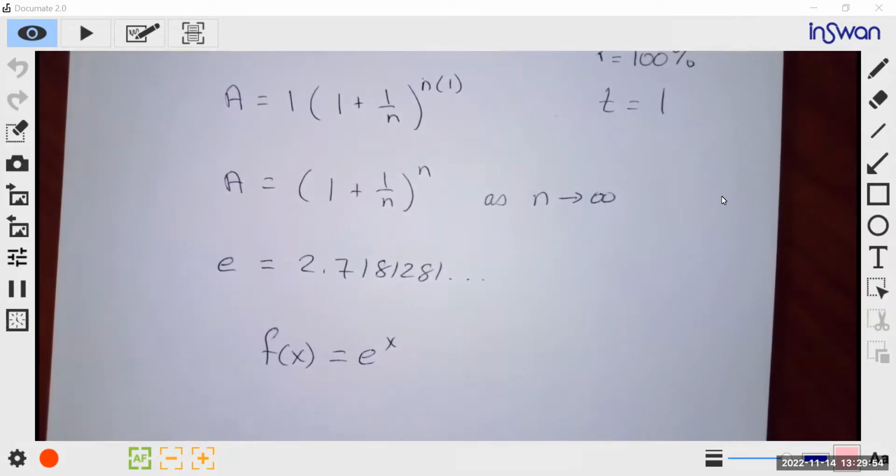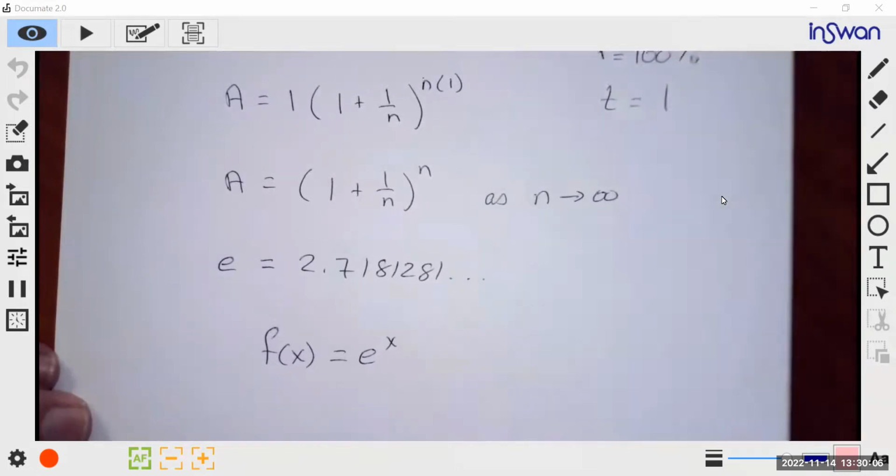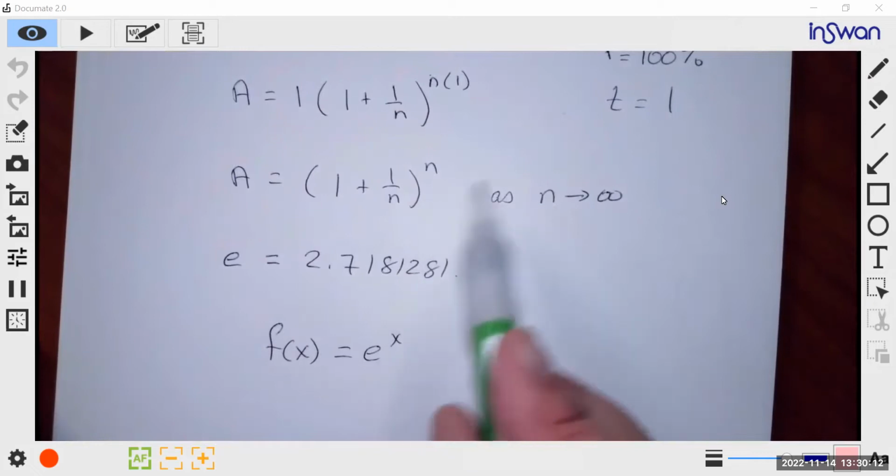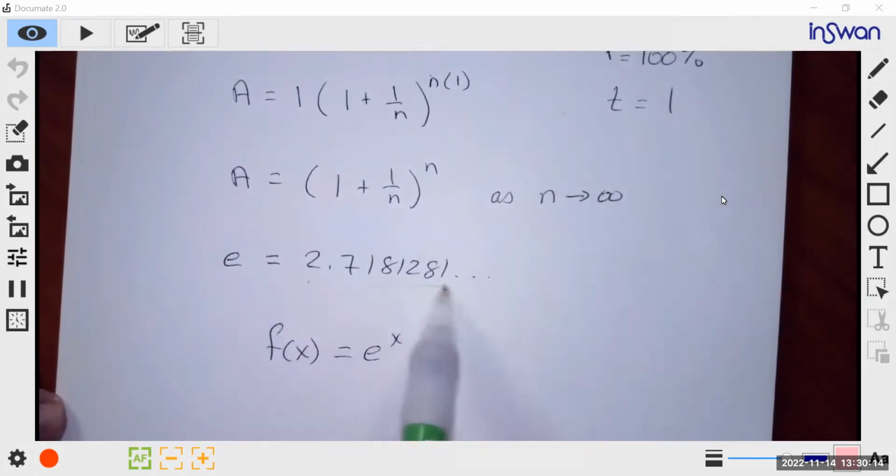Okay, so that's the introductory part of exponentials. So as n got bigger and bigger, it approached a specific number. And that number we call e.